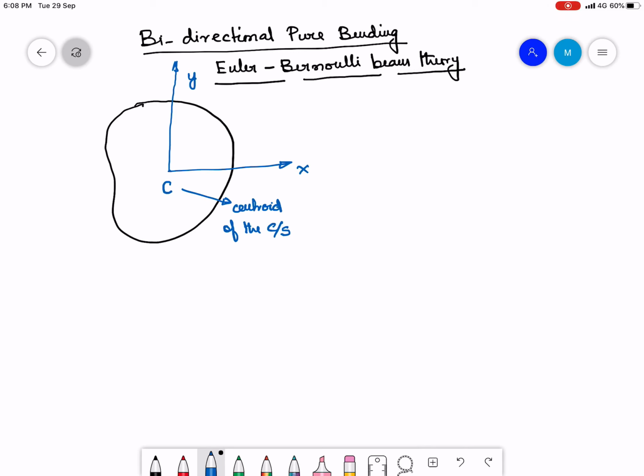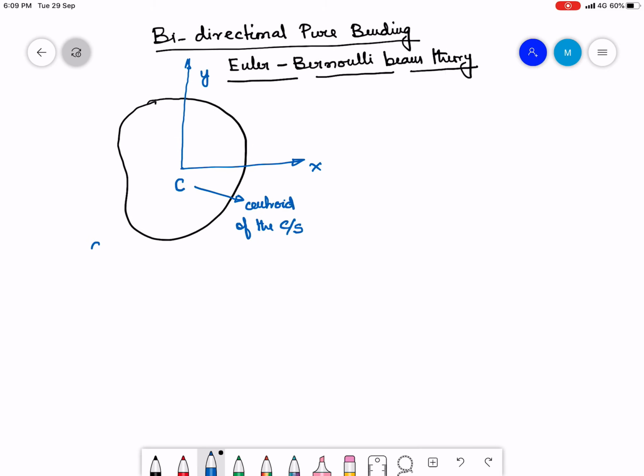I have not drawn the entire beam. I have just drawn the cross section, which can be arbitrary. Okay, so this is the cross section of the beam under biaxial bending, bidirectional, sorry. We also call it biaxial.